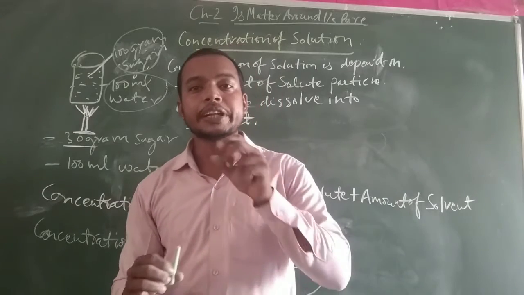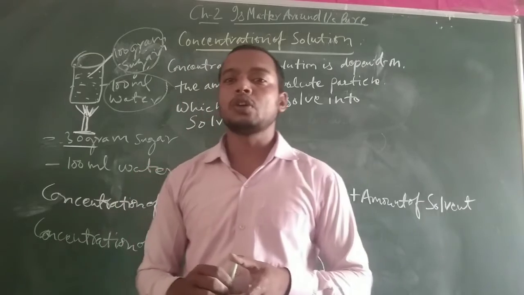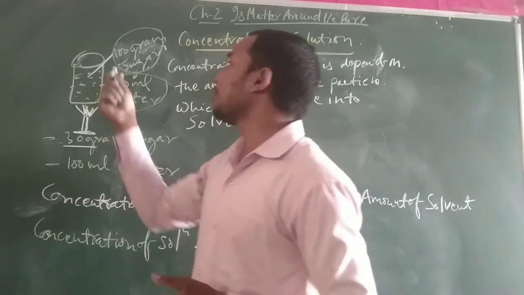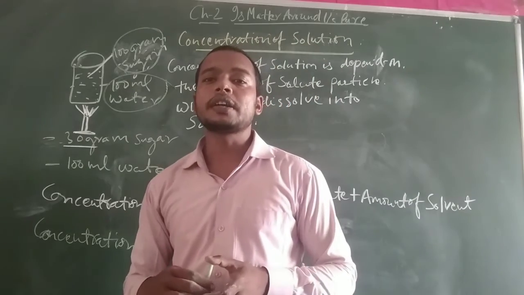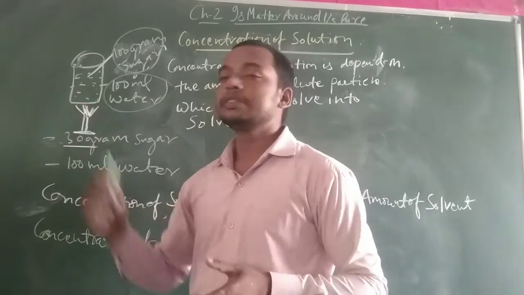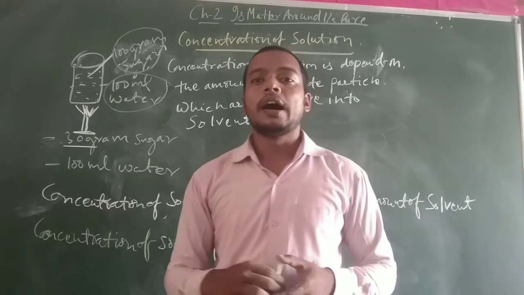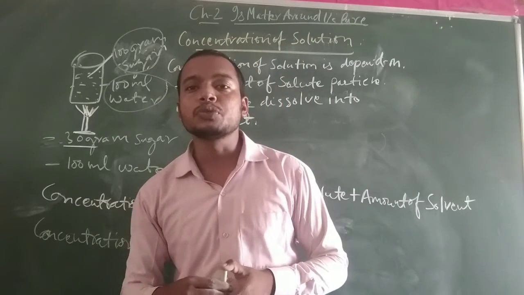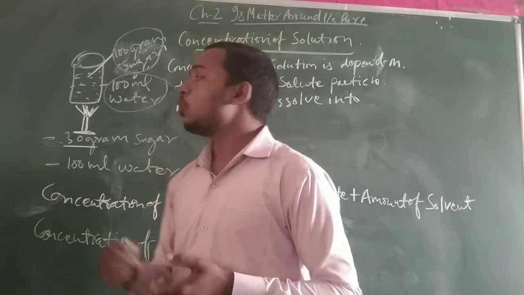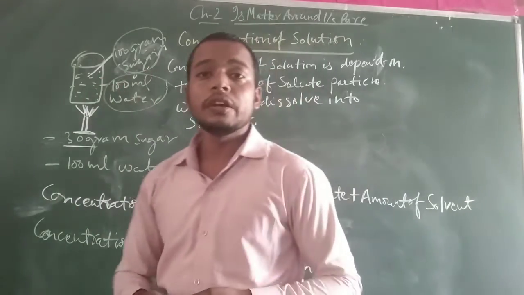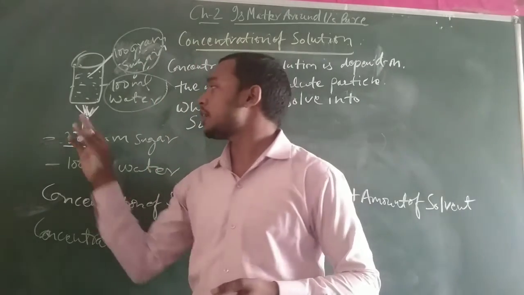After increasing the temperature of the solution, we can dissolve a larger amount of solute particles. Here 100 gram of sugar dissolves into 100 gram of water with the help of temperature. Again we increase the temperature and add an extra amount of sugar. What will happen? There is no extra solubility even with increasing the temperature again.